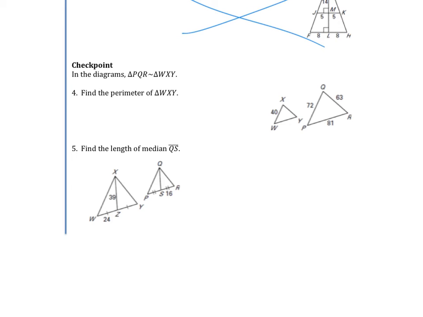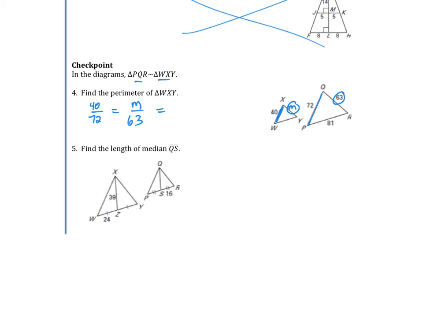So we know that the side lengths are proportional. So what matches up with WX? WX matches up with PQ. So we have 40 over 72 equals, okay, I'm going to call this M. M over 63, right, because this M matches up with the 63.